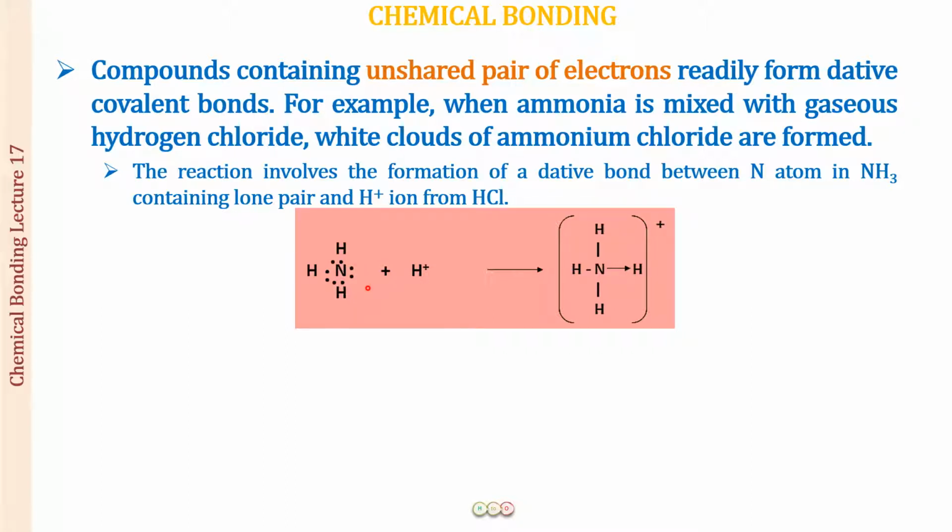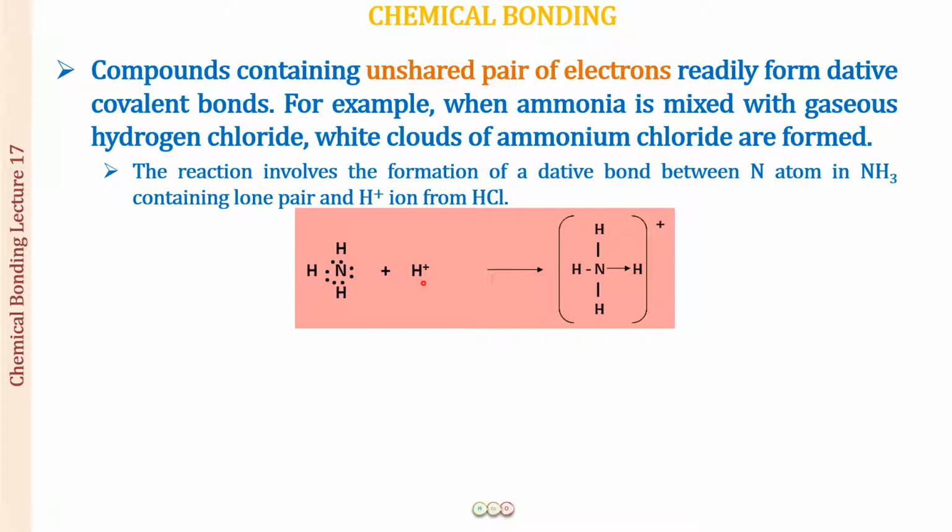So the first necessary condition for the formation of the coordinate bond is that the atom has a lone pair of electrons, plus the octet of this atom is complete, right? Now it is in a position to donate electrons. And to whom is it donating electrons? It is donating to an H positive ion, which does not have a single electron.